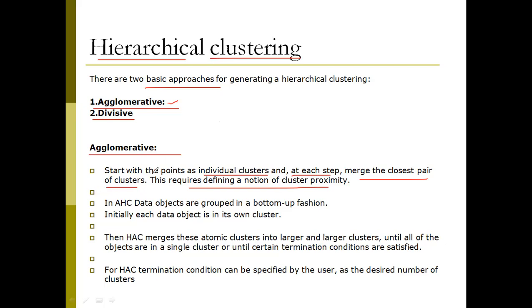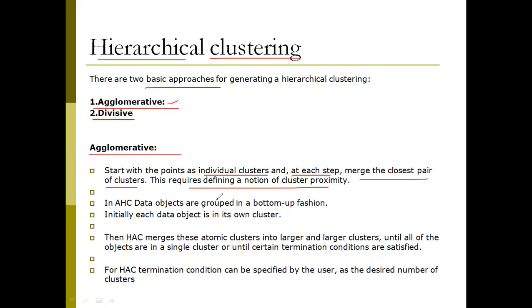In the agglomerative technique, first of all, we take the individual clusters, and at each step merge them. Merge the clusters that are near one another, combine those clusters. That is called merging.